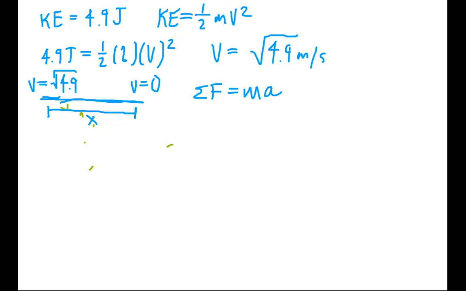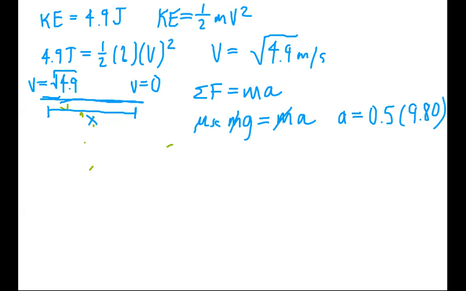Right, and we said that the frictional force was equal to mu k mg, and that is equal to mass times acceleration. So the mass cancels out. Acceleration is equal to mu k g, which is equal to 0.5 times 9.80. So acceleration is equal to 4.9 meters per second squared.